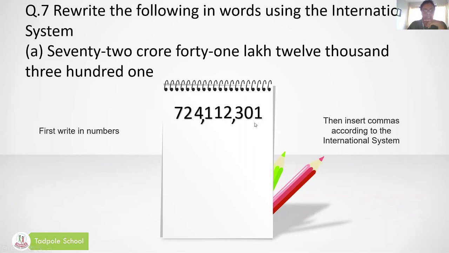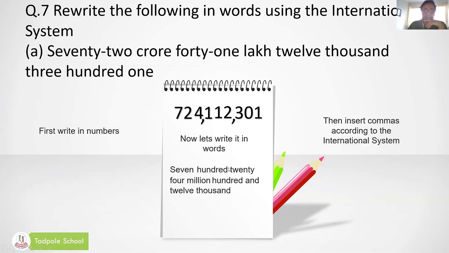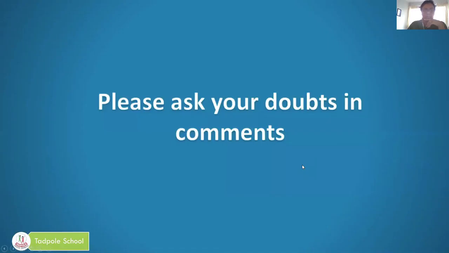So that's easy. Now let's start putting this number into words. Start reading it from the front. And it will be 724,112,301. Simple?